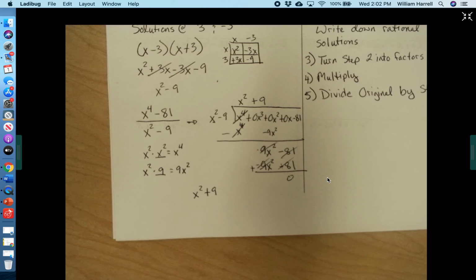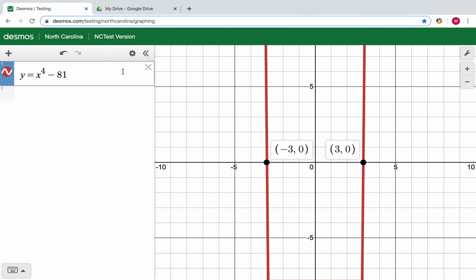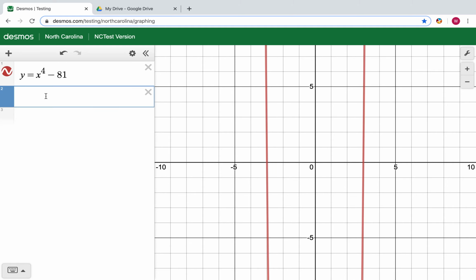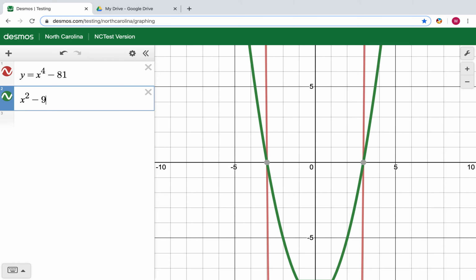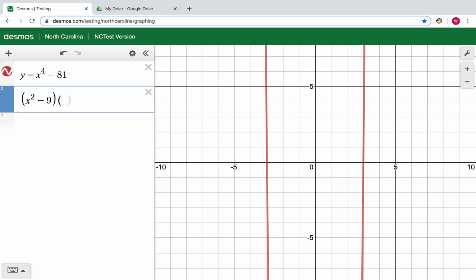And before I go any further than this, I want to verify that this is right. The way I do that is, again, I'm going to type x squared minus 9 in, and I'm going to also do x squared plus 9.